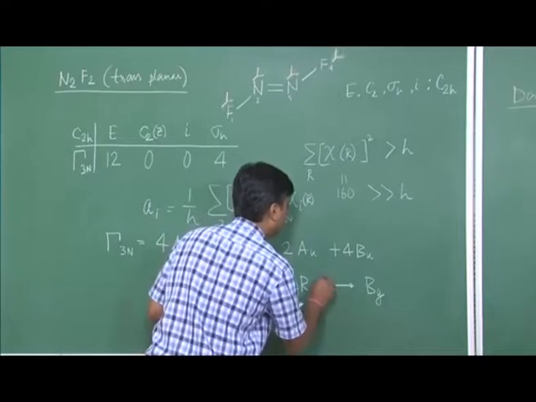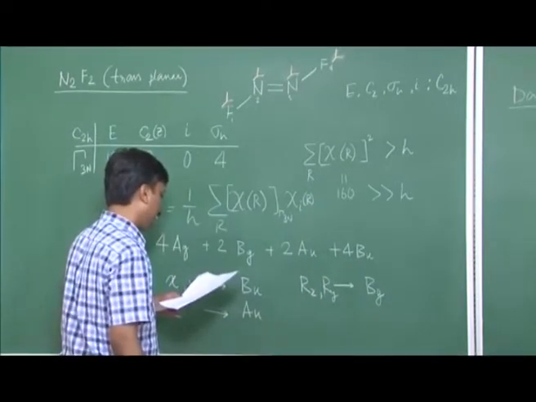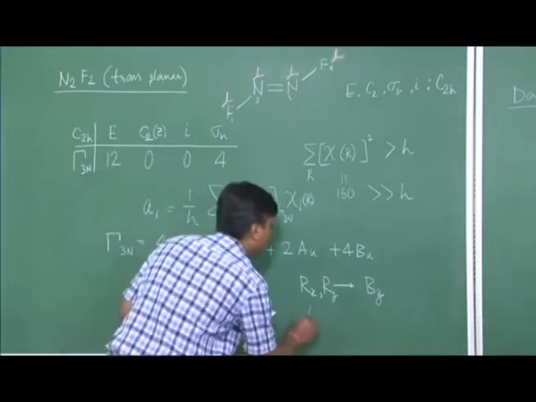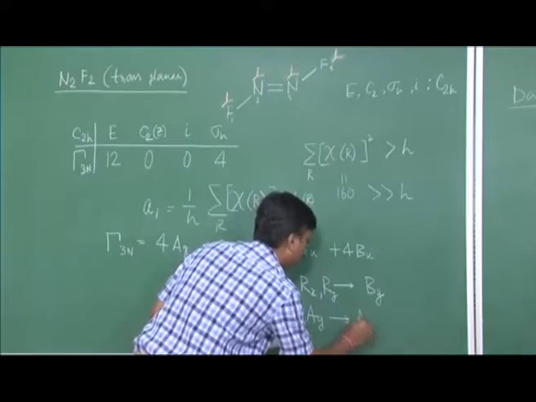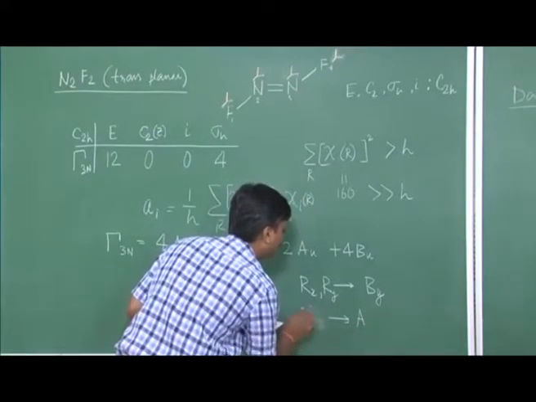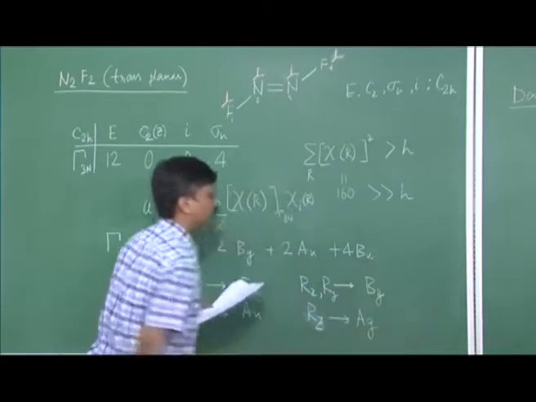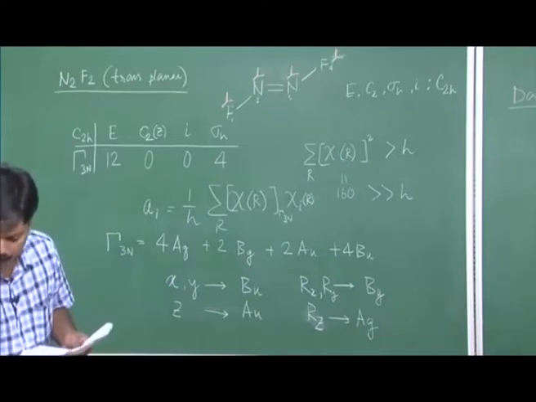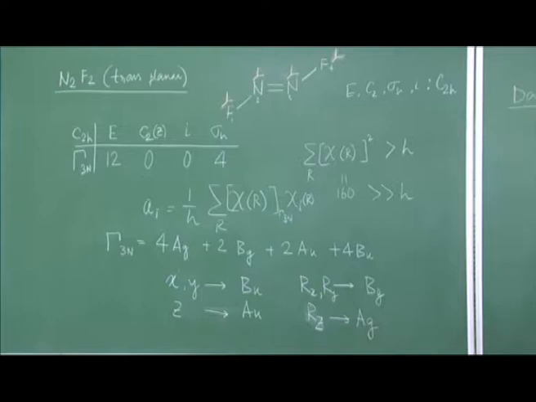So Rx as well as Ry both transform as Bg representation, and Rz transforms as Ag irreducible representation. So these are the information that I require, correct, and we have taken them from the character table.